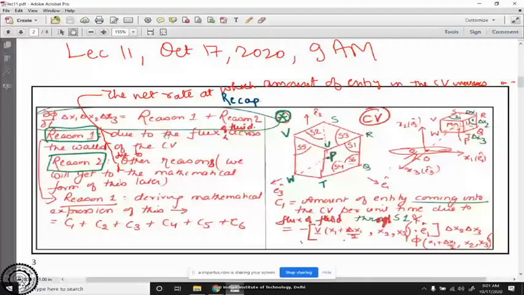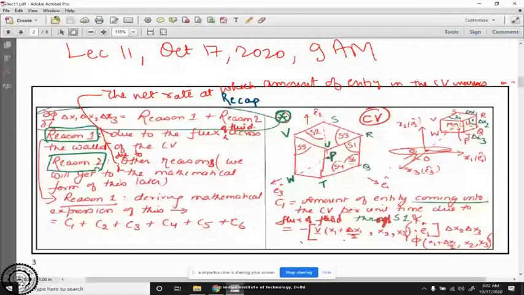So we are segregating all possible reasons under two headings. I have added an extra statement to the slide from yesterday to make it more clear. Reason one is the net rate at which the amount of entity in the control volume increases due to the flux of fluid across the 6 walls of the CV.